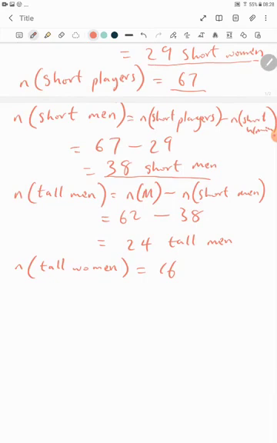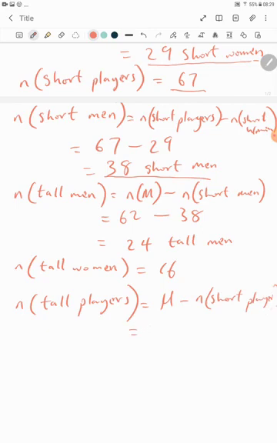We can actually also find that. The number of tall players will be the universal set minus the number of short players.